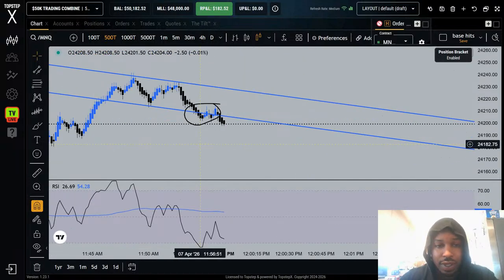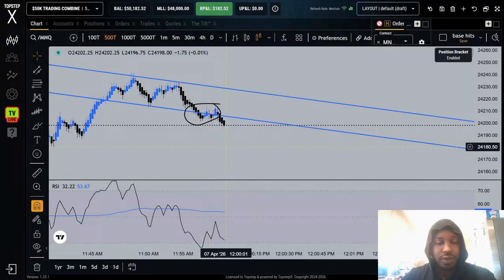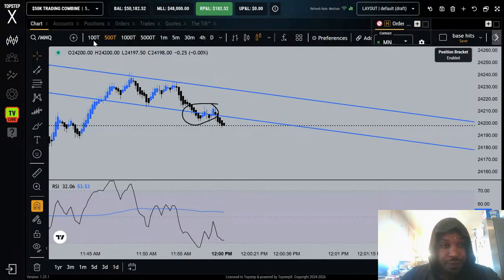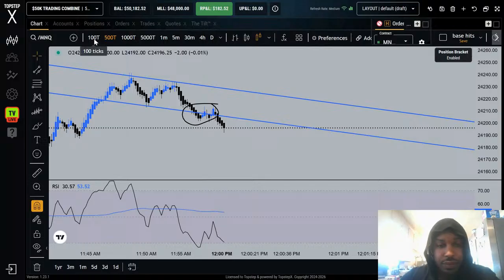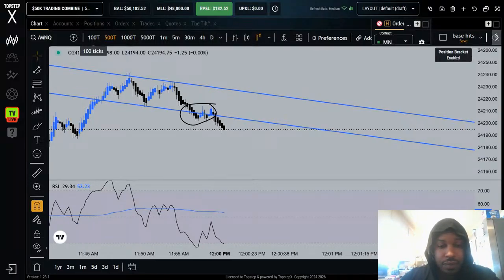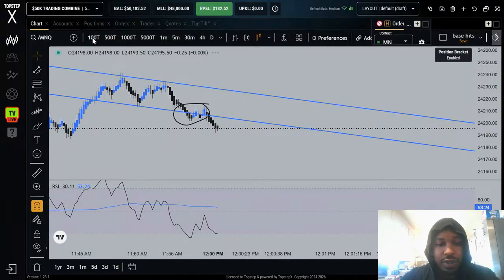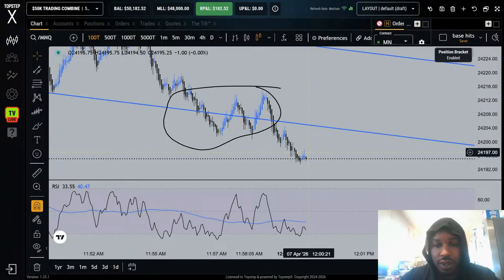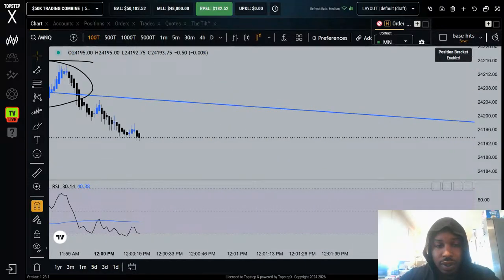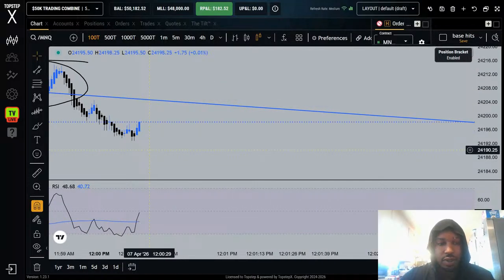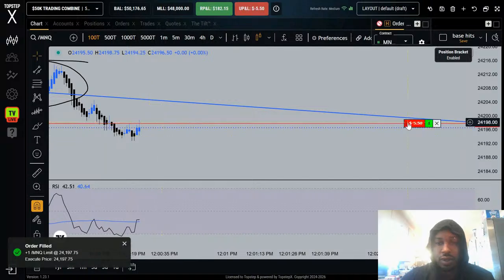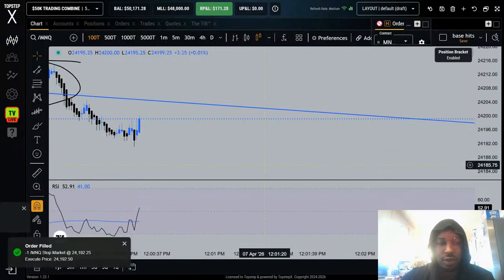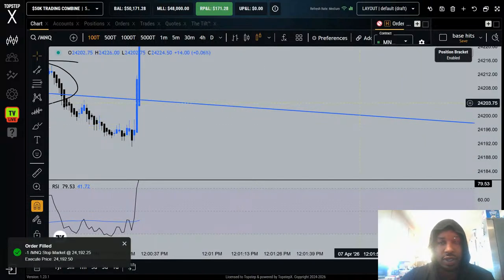On the 500 tick, this is a good divergent. Still a good divergent on the 500 tick chart. I'm just looking for a divergence on the 100 tick chart. And there it goes right there. Whoa, look at that. Wow.